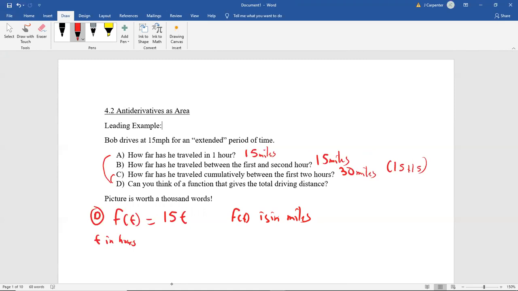Now, I came up with this kind of off the top of my head, if you will. I could have, again, like I said, used point analysis, done 1, 15 and 2, 30, found the slope of that, assumed that this was a proportional function, which makes it linear, and all sorts of good stuff.